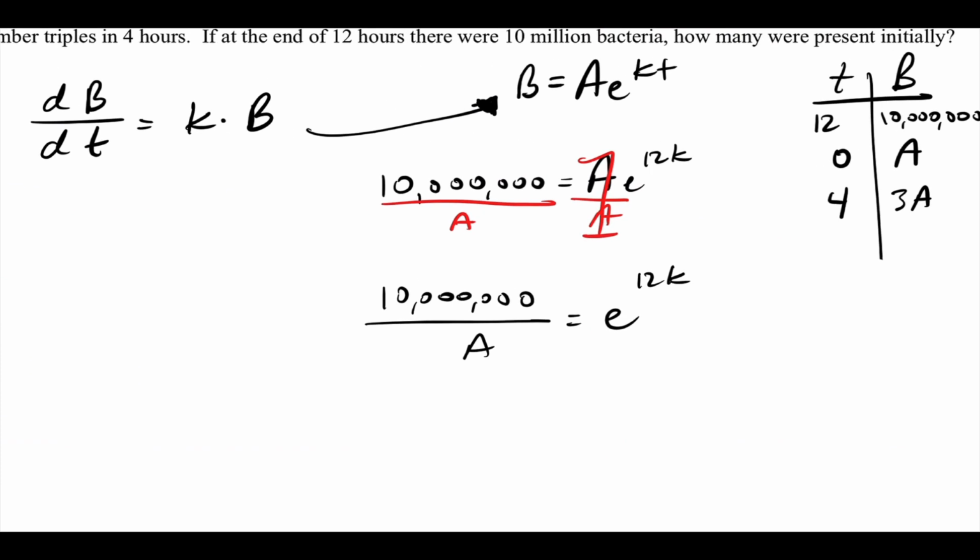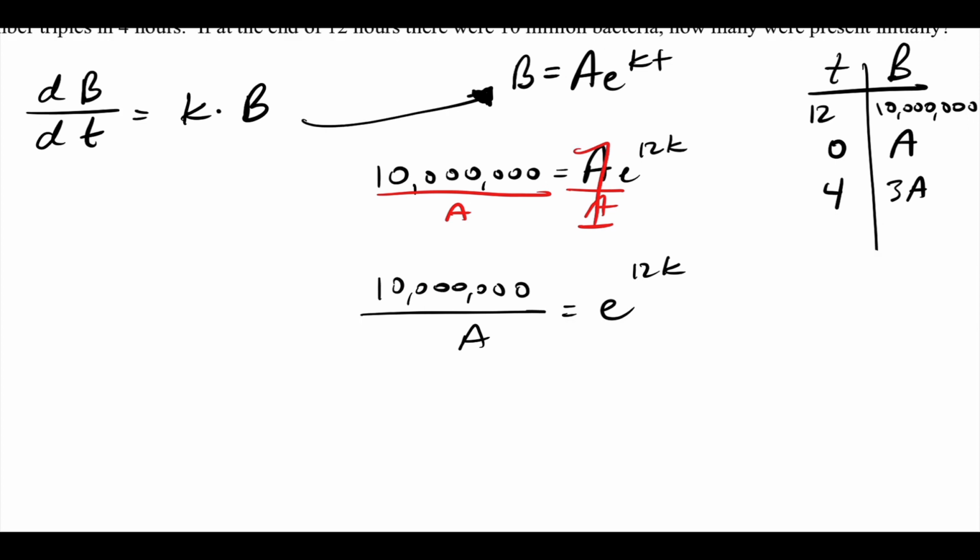If I plug in 0, what would that look like? Write it down on your paper. What does that look like? A equals A. We know that already, right?